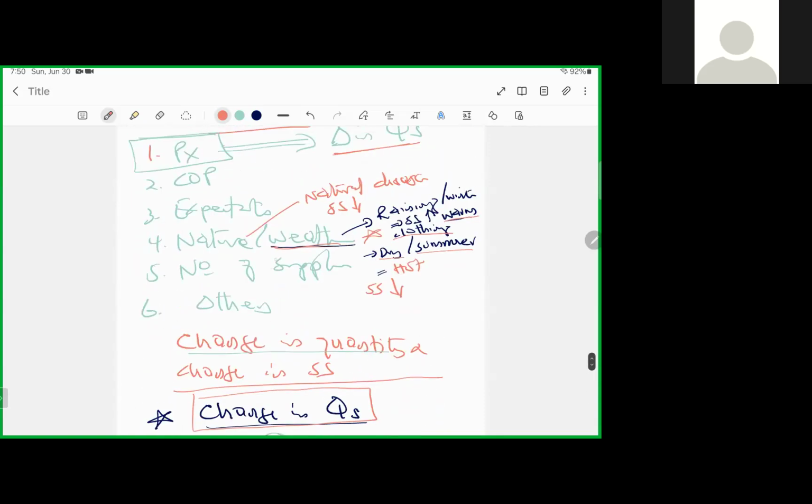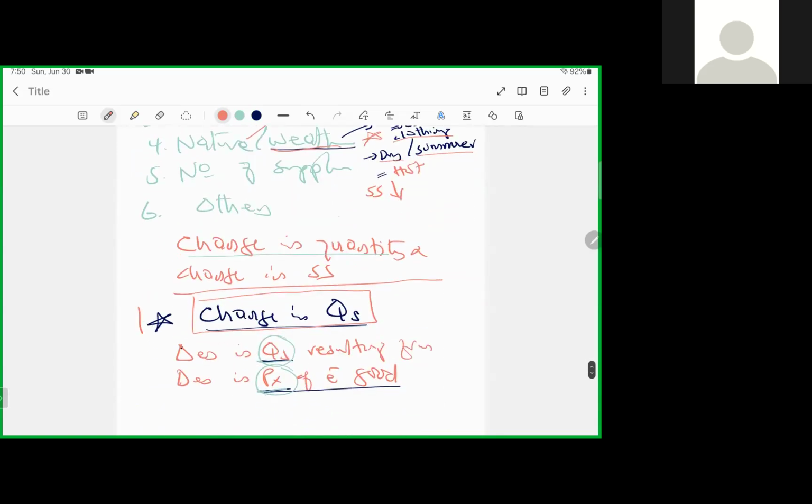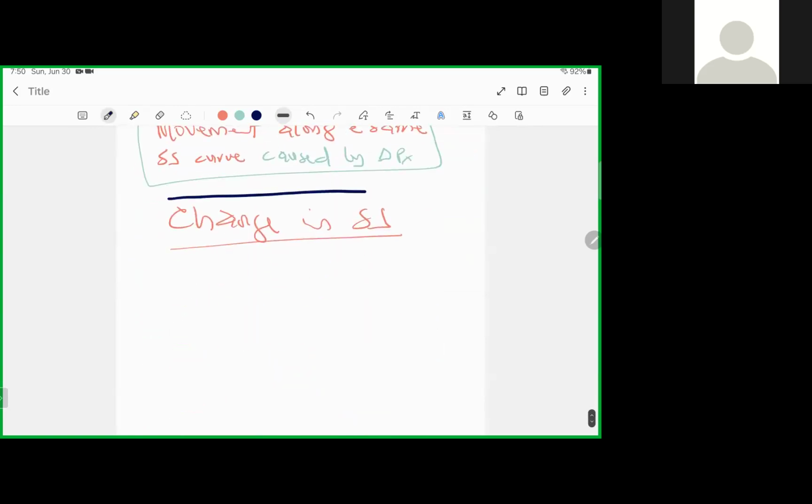So one, we are looking at change in quantity supplied, and the second one, we are looking at change in supply.